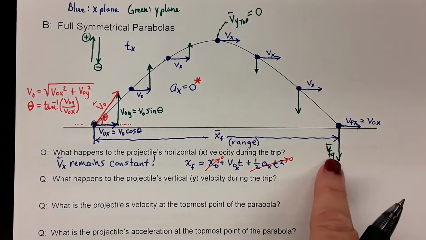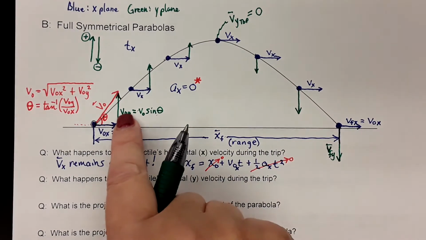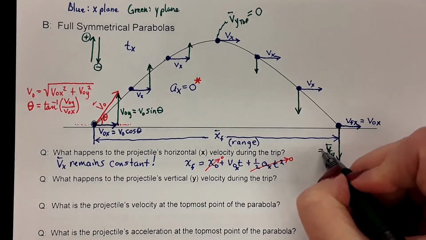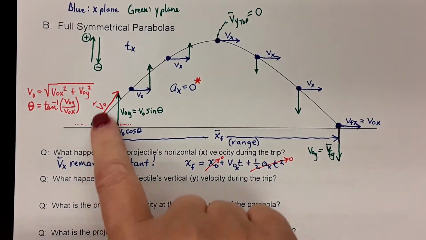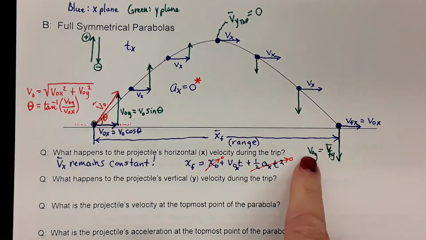It just points down instead of up. So these 2 magnitudes will be the same as long as it's a full symmetrical parabola. These 2 magnitudes will be the same even if their directions are reversed.